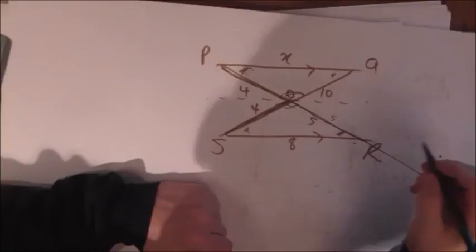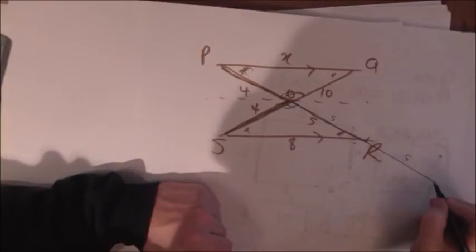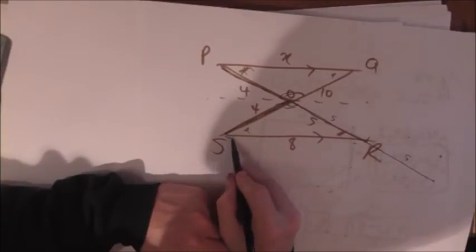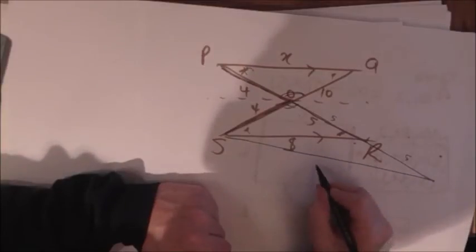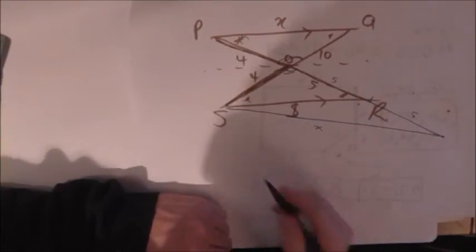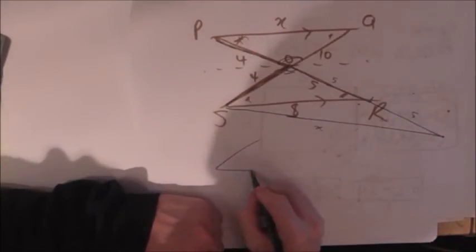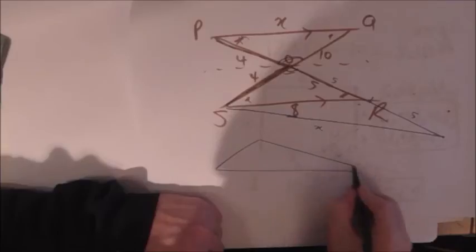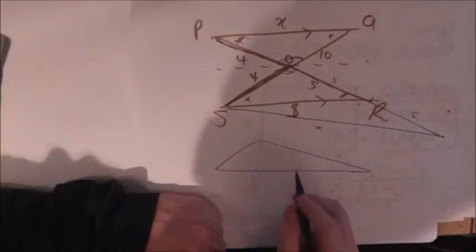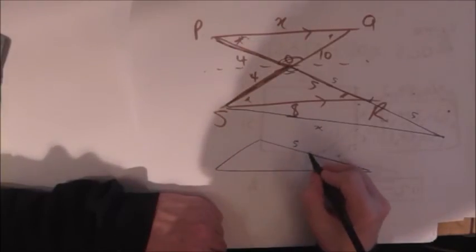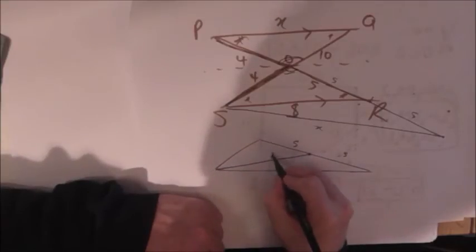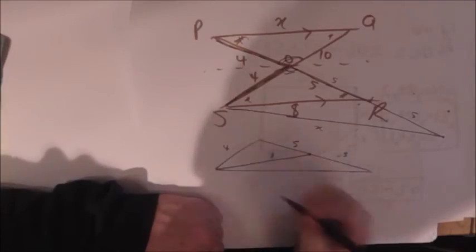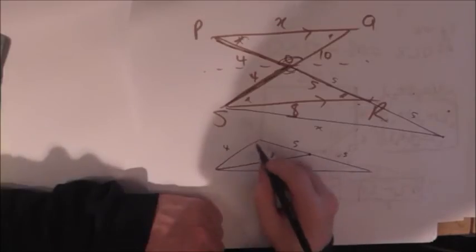So there'll be a 5 stretch there, and then another 5 stretch there. And so that will be x. So I'm just going to copy out this diagram again. You can have a 5 there and a 5 there. This is 8 and this is 4, and we want to know what this is.